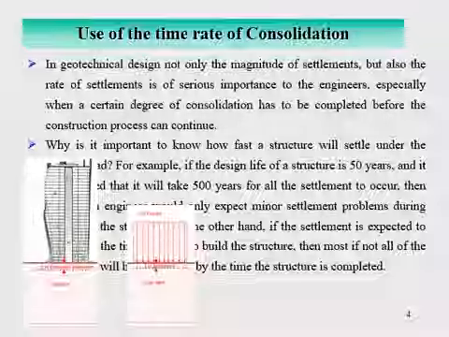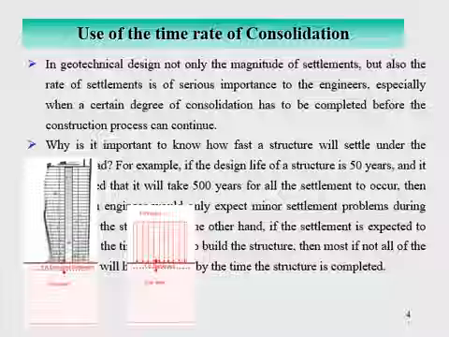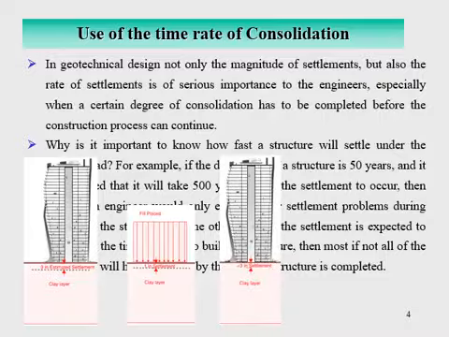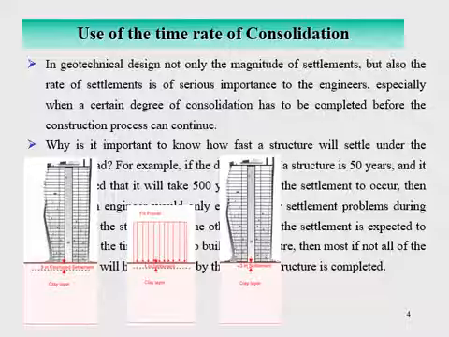For example, you calculated 1 inch, and it takes for example 6 months, so you let the fill material be there for 6 months and it will undergo 1 inch settlement. Then you remove this fill and reconstruct your building. So definitely the amount of settlement would not be then 3 inches, rather it would be less than 3 inches.